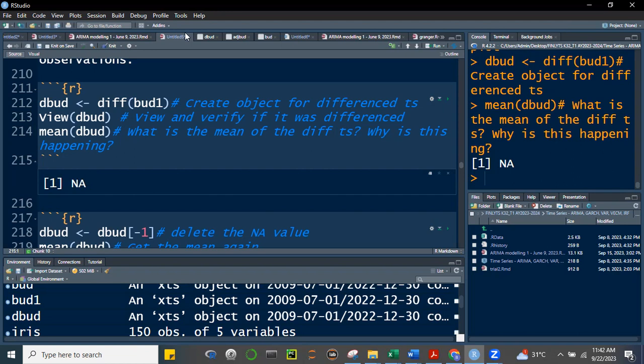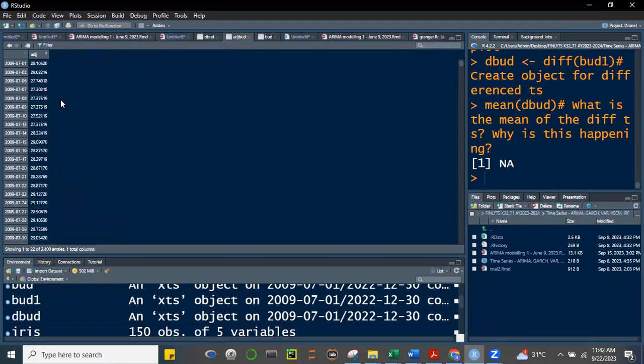Why, class? We said R is very sensitive to missing values. So it automatically generates an NA answer just to alert the user that there are missing values. Which is good because it means maybe we missed out on some data. So it's alerting us that something's wrong.